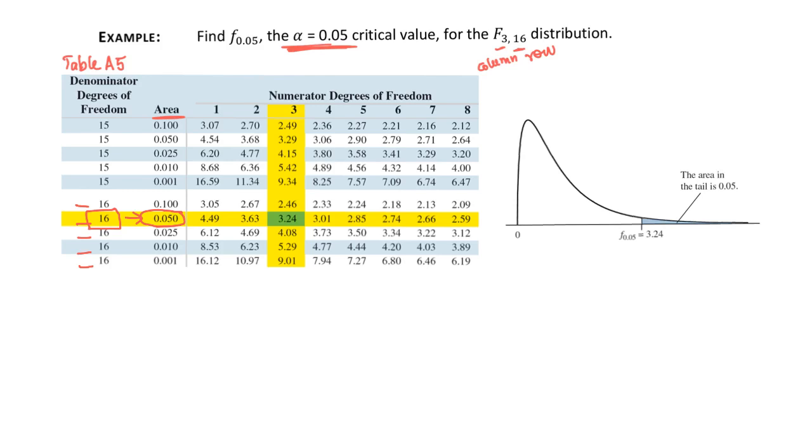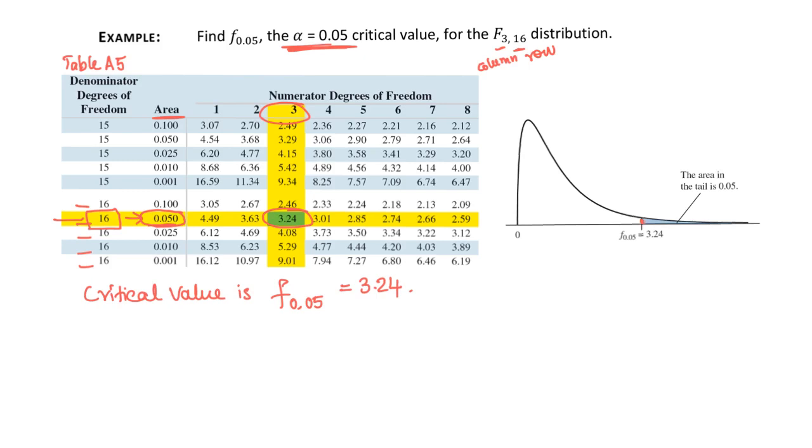Find the intersection of the column with degrees of freedom 3 and the row with degrees of freedom 16 with the area 0.05. That intersection is 3.24. So we can conclude the critical value is F 0.05 equals 3.24.